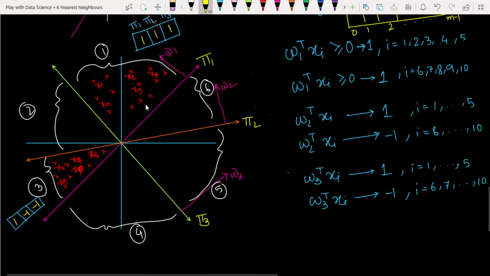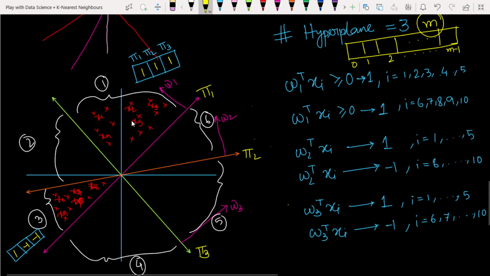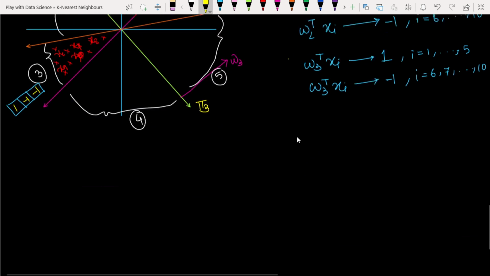So for each point, suppose you take any point, let's take x2, so this value will be 1 1 1.